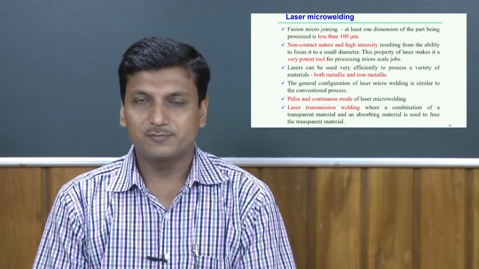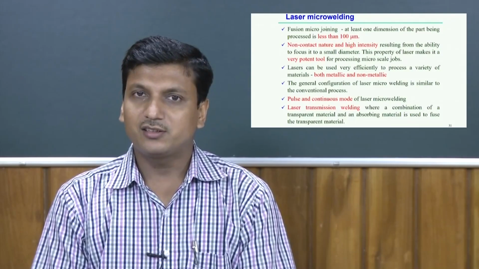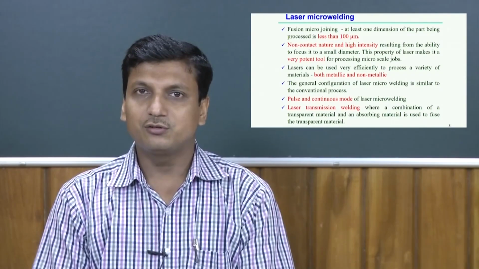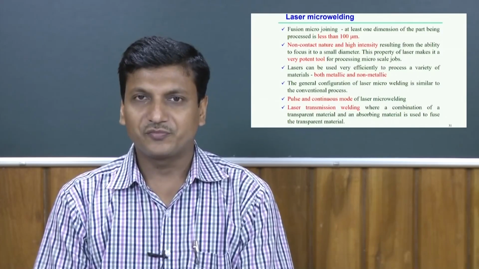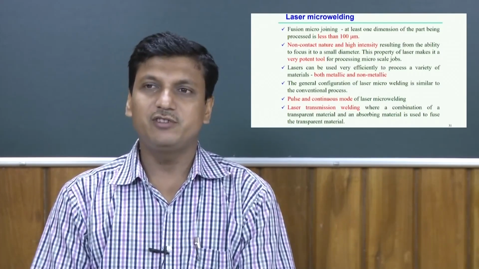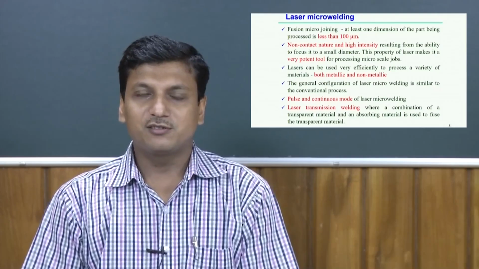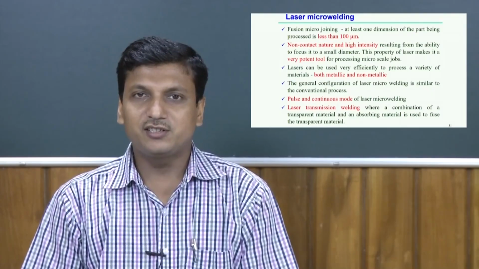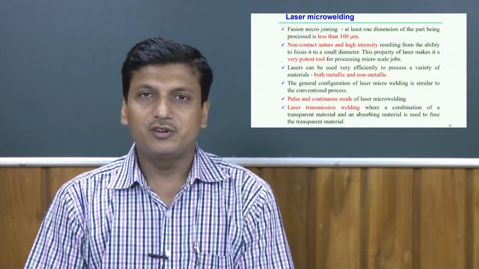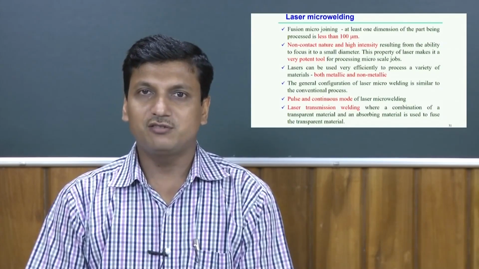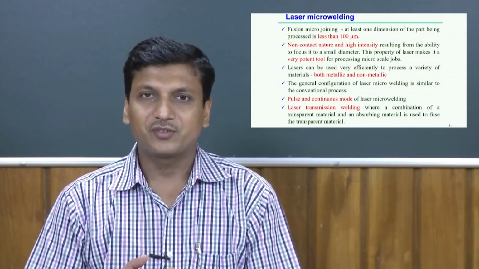Probably we can consider that under the category of micro welding process, and here the source of heat is the laser. We know that there is a unique advantage of the laser welding process. One thing is that it is non-contact in nature and the high intensity laser is focused into a very small area.